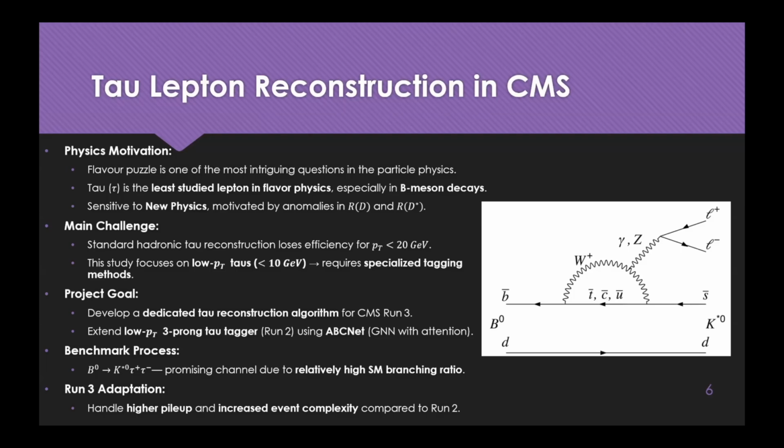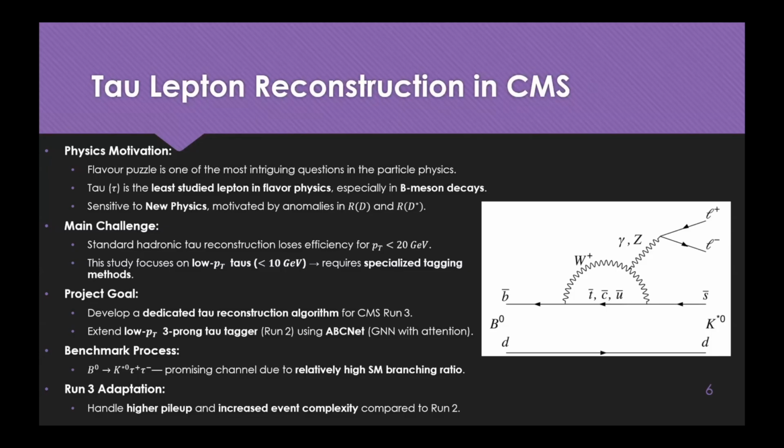We have the lowest amount of information. Also, this is sensitive to new physics, motivated by anomalies in RD and RD star.